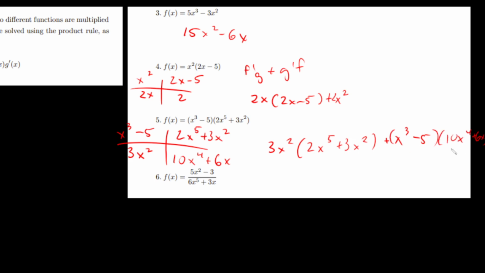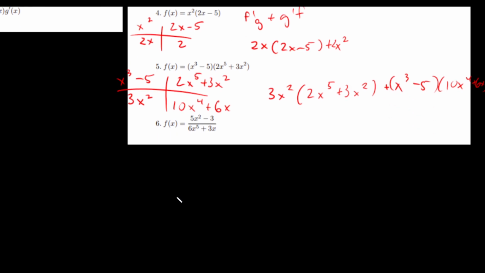Running out of space. That should be good. Just be aware that these do take practice to not mess up. I'm doing it quick right now, but I've also had to practice, so just make sure you practice these. This one is f prime g minus f g prime over g squared.